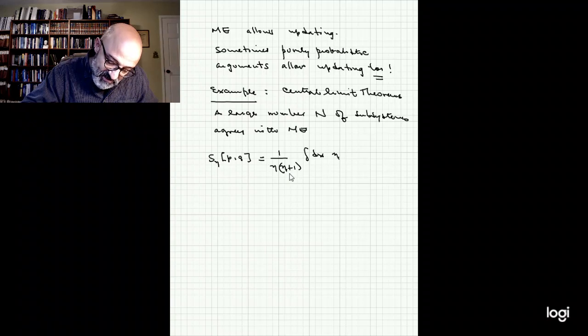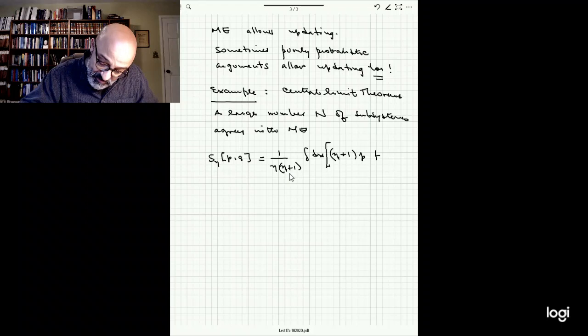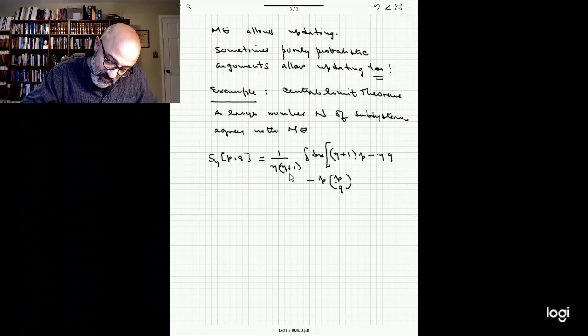Eta is just a constant, something like 0.5 or 0.3 or 0 or 1, p plus, or actually, let me draw my eta better, minus, then there is eta q, and then there is another term here that's minus p over q to the power eta, and now we finish.